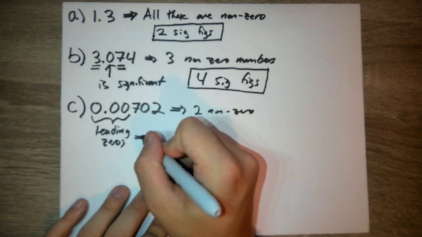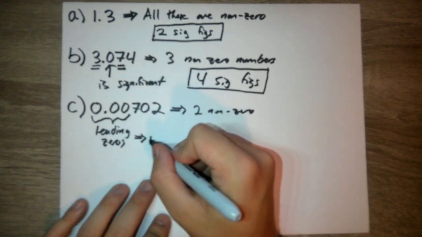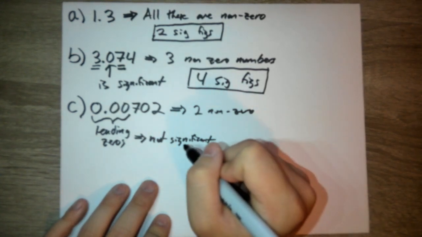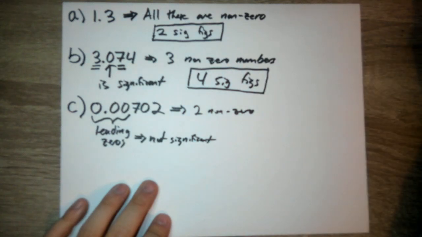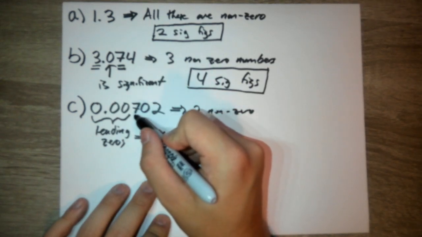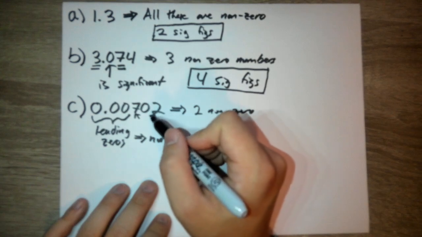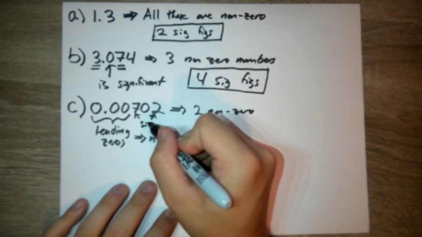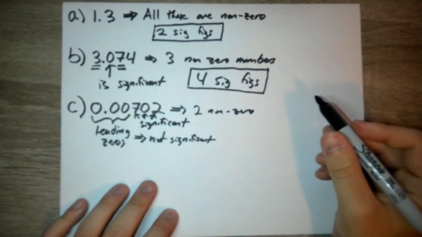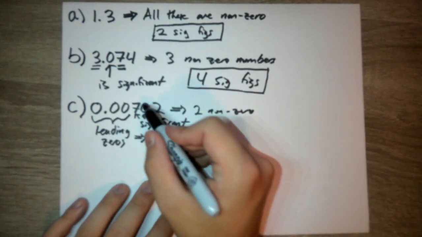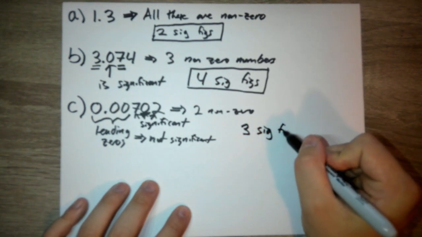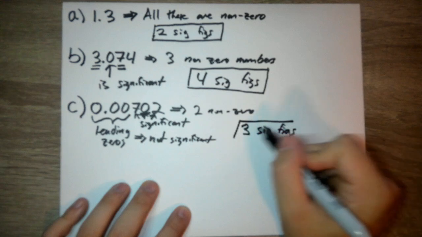So based off the rules of significant figures, these are not significant. But we also have a 0 here. And this 0 is between 2 significant digits, so this one is significant. So we have 2 non-zeros plus 1 significant 0, and that gives us 3 significant figures in this number.